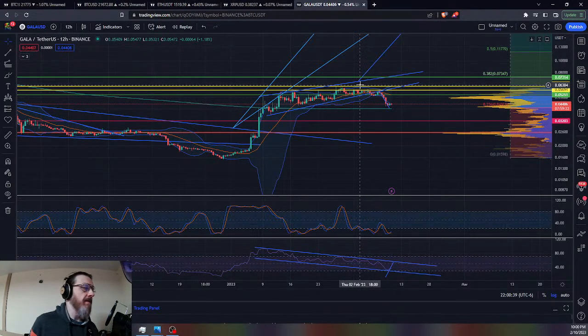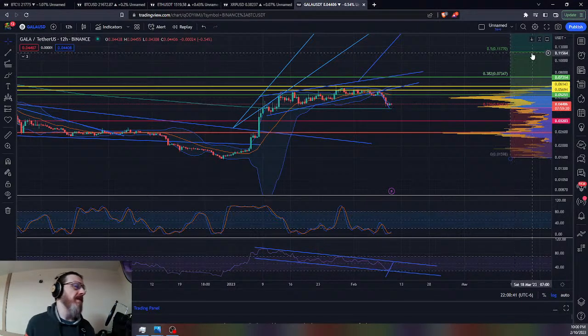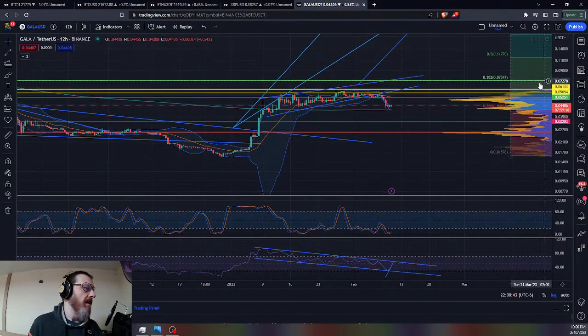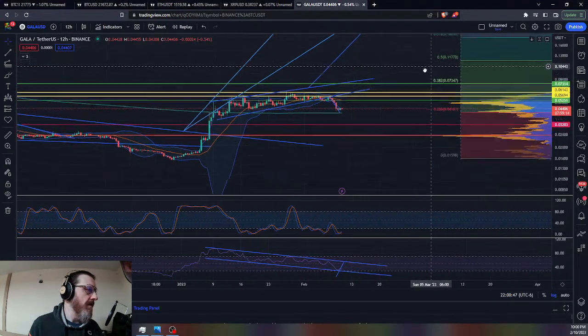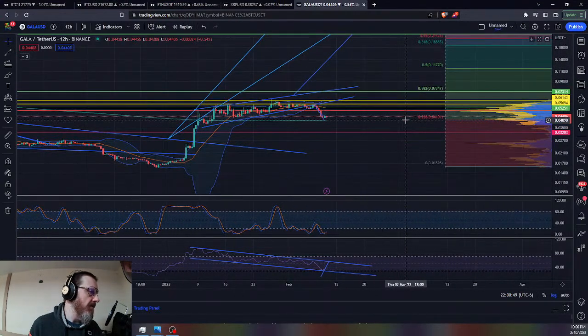in relief, which really didn't even move us up to the 0.382, and right now this 200 daily moving average is in perfect confluence with the 0.236 fib.